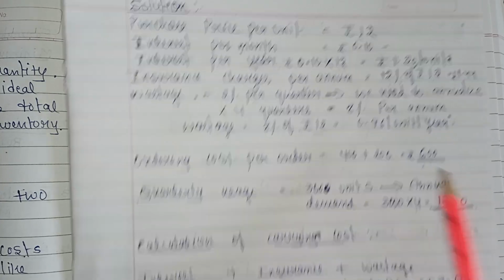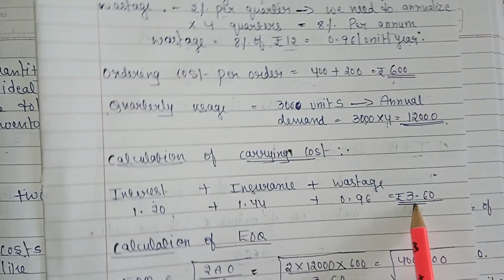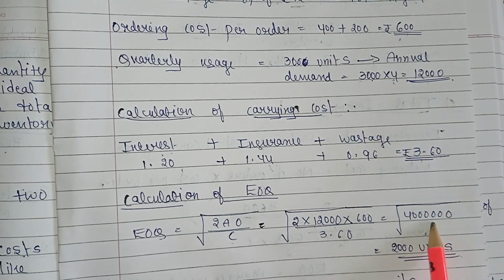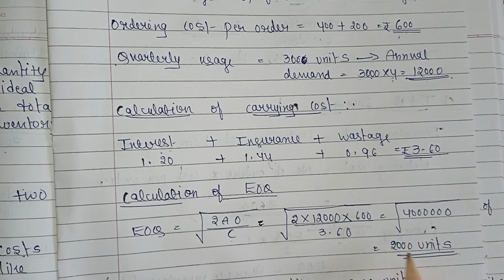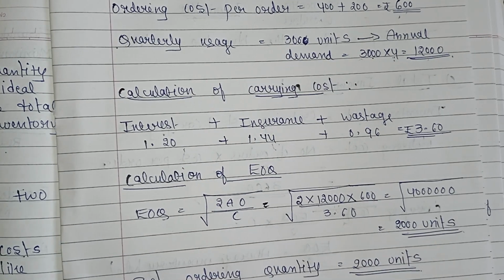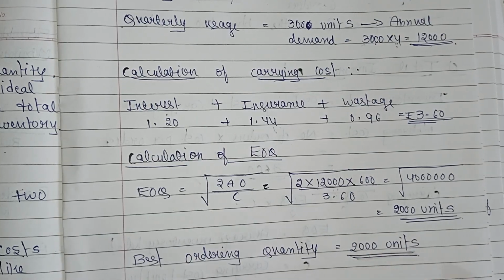How much? Ordering cost, that is rupees 600. Divided by carrying cost, that is 3.60. Then we will arrive at 40 lakhs. So root of 40 lakhs, that is 2000 units. It means the best ordering quantity of the material buying is 2000 units.